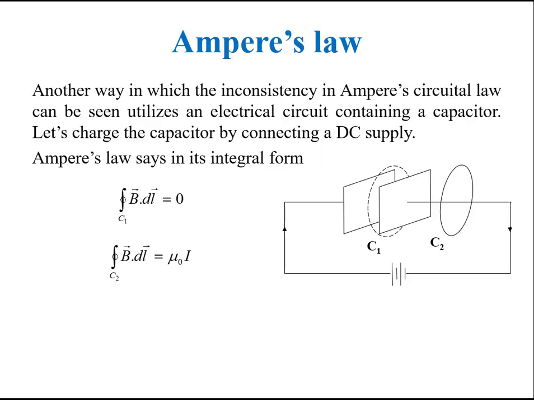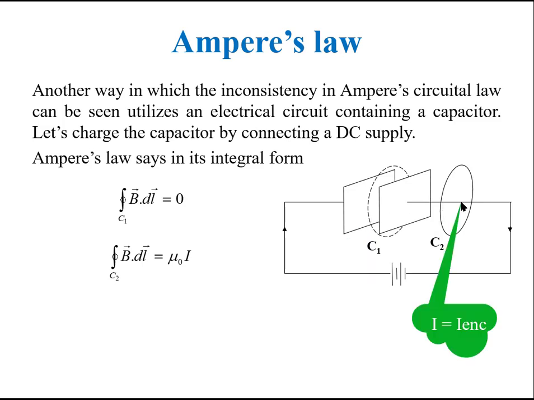You can see the inconsistency in Ampere's law with an electrical circuit having a capacitor. Let us draw two Amperean loops C1 and C2 respectively inside the capacitor and outside the capacitor. In them, the loop C1 does not have any charge flow or the current through it because it is inside the capacitor.